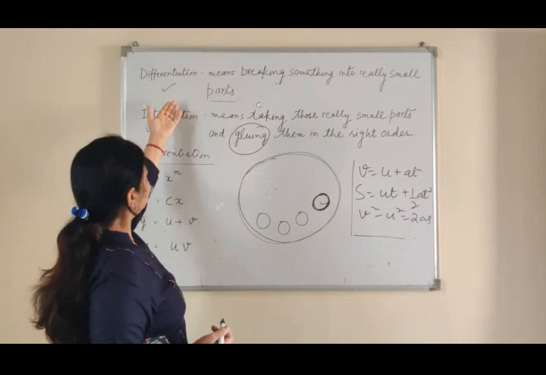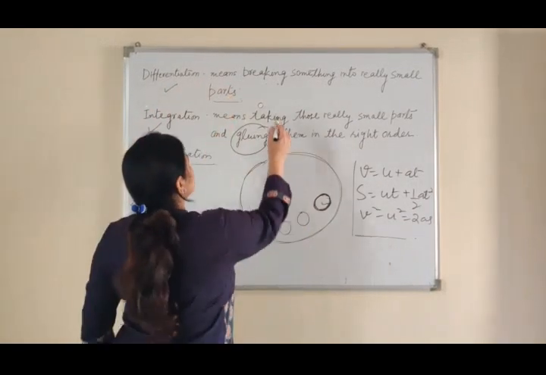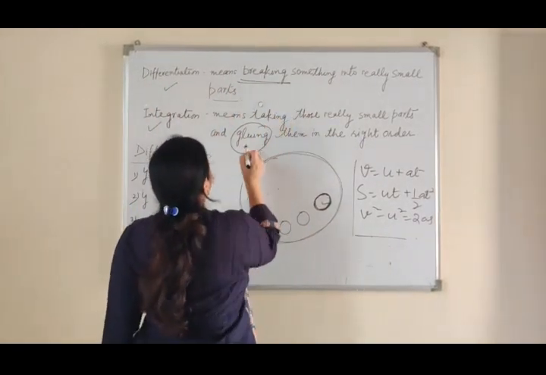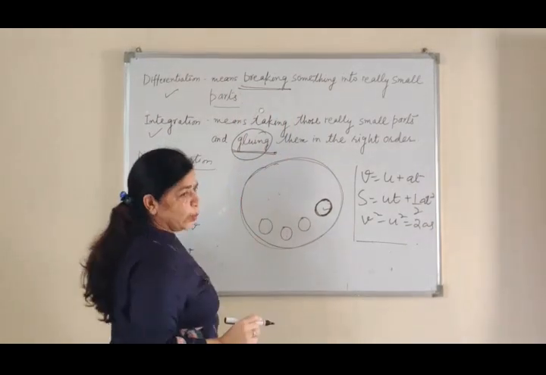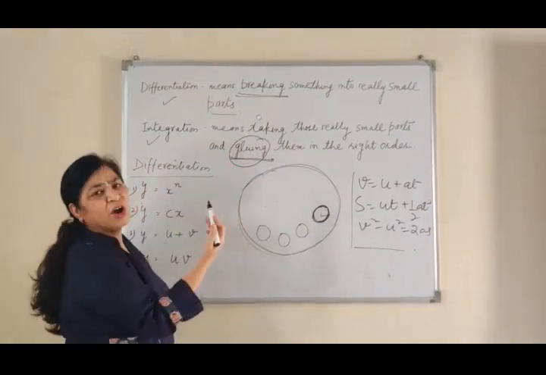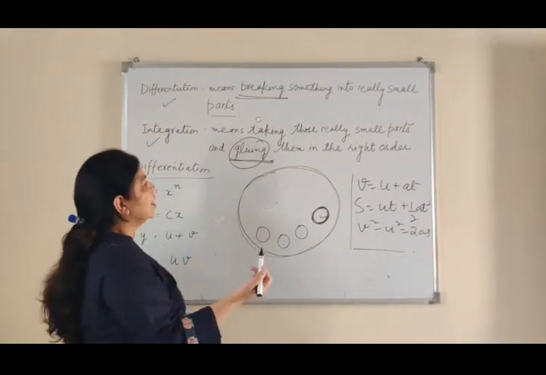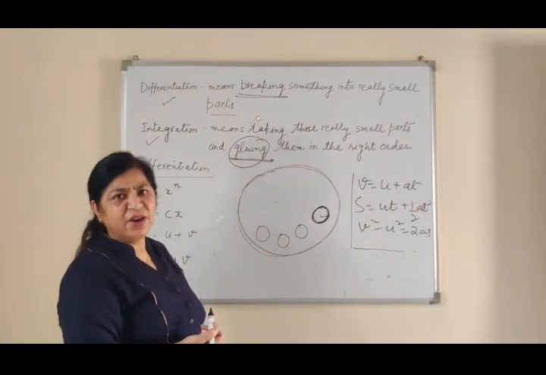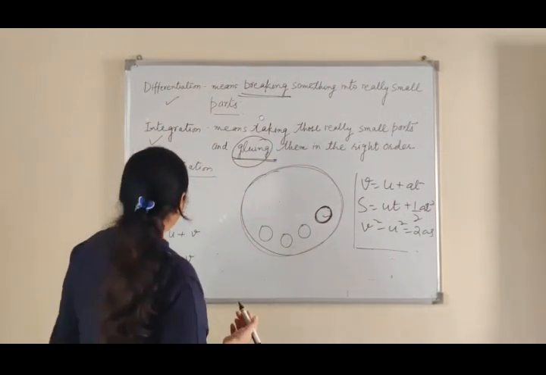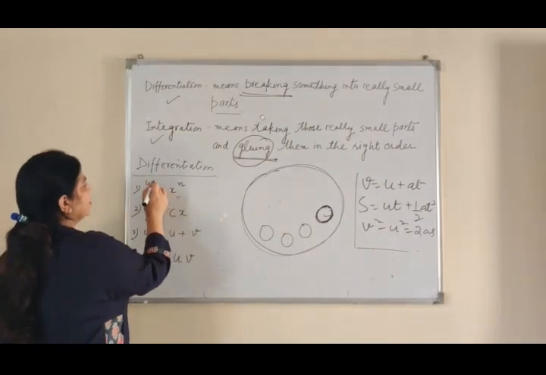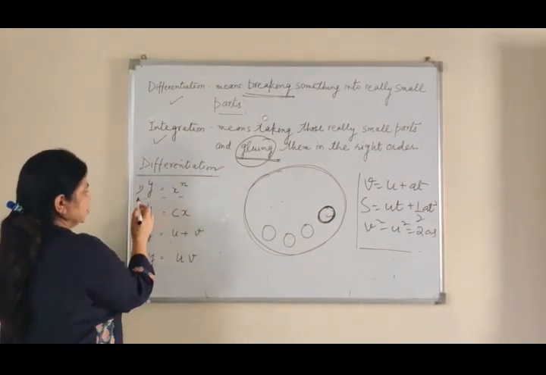Now as you can see, in differentiation we are breaking and in integration we are gluing. It means both these phenomena are reverse to each other, which we can show mathematically also with the help of some formulas. As I have written here, some formulas for differentiation.